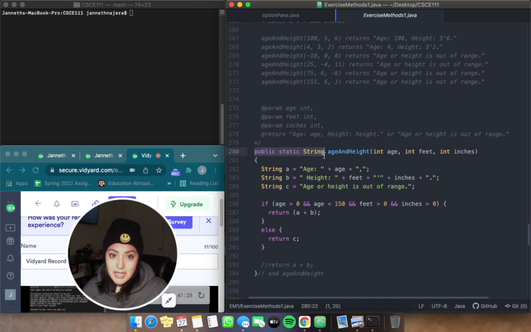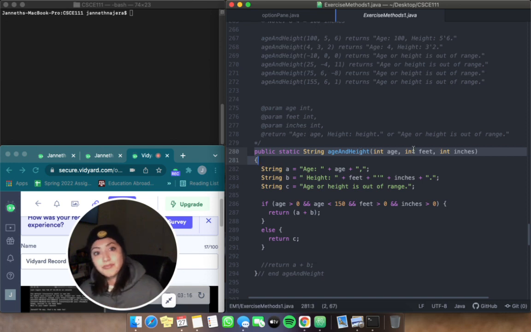And so this is given to us. So it's the public static string, age and height. So that's the name of this particular method. We already have our integers defined. So it's age, feet, and inches. Okay. So what I decided to do is I did three different strings, right? Because we had three different integers.